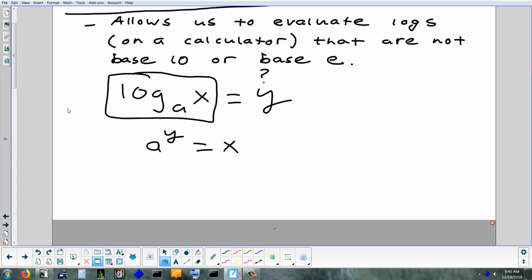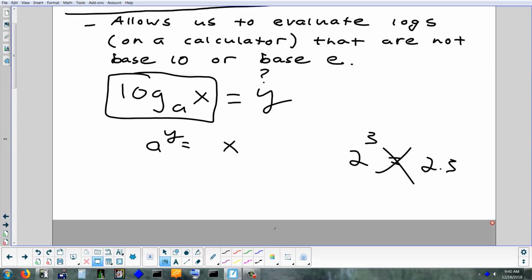You can move them in front, but you can't just, if you had this, say that's the same as just doing 2 times 3. You can't just take exponents and put them in front, unless you have what kind of equation? A log. Okay, the only time you're allowed to put exponents in front is if you have a log equation.